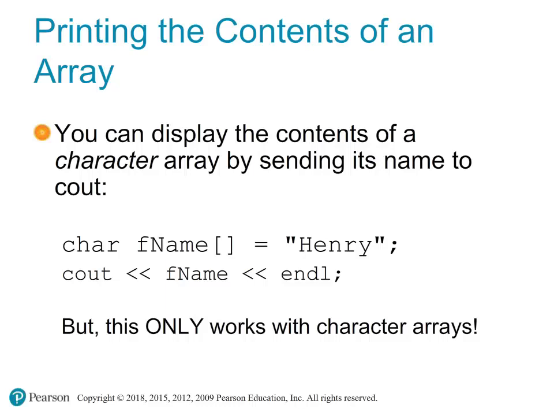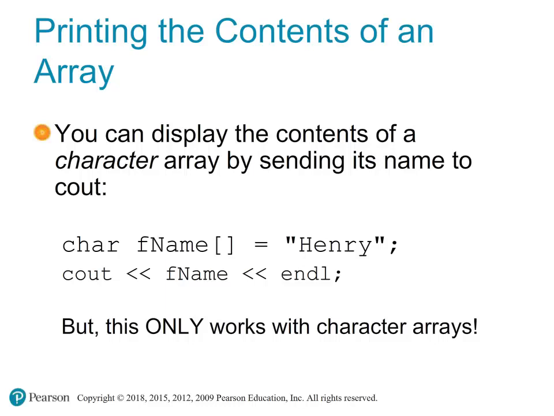C++ allows some specific ways to interact with arrays of different types. When it comes to character arrays, the language offers a shorthand for outputting the contents. If you have a character array like fName holding Henry, you can directly display its contents by sending its name to cout, as shown on this slide.